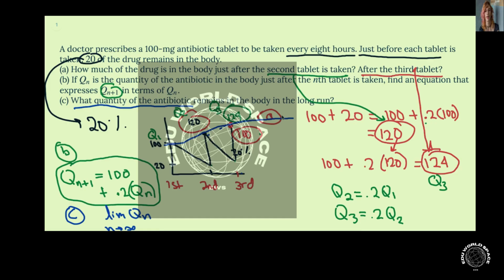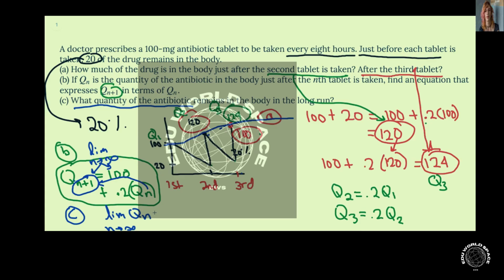Let's find the actual limit that it approaches. The way to find this limit is to use part B and take the limit as n goes to infinity on both sides of this equation. Then since n is only differing from n plus 1 by 1, these two limits are the same.